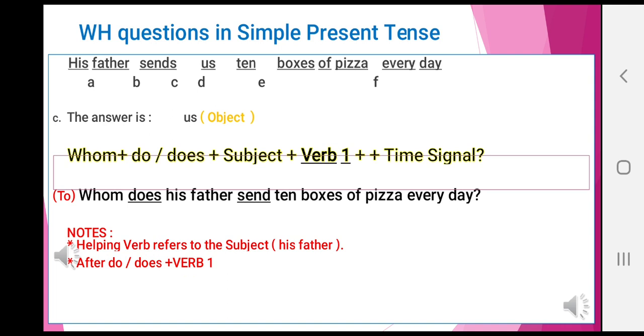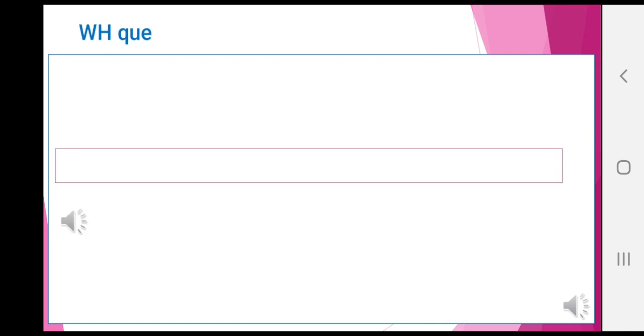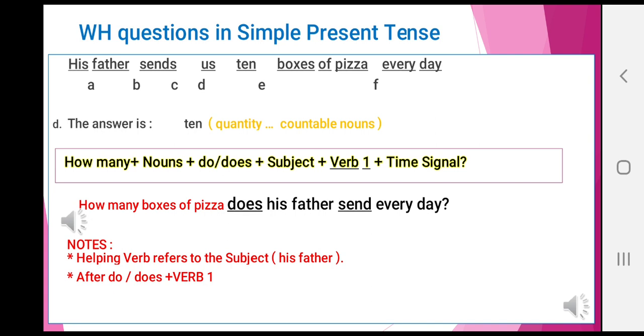WH questions in simple present tense. Now, if the answer is 10, 10 as the quantity of countable nouns, and we want to know how many, we use "how many".